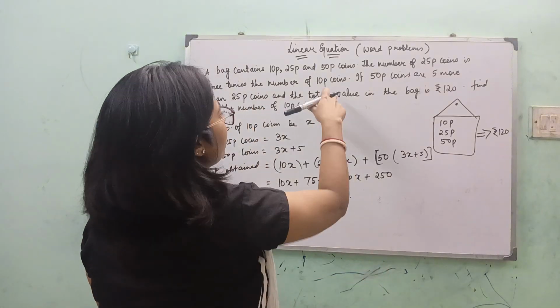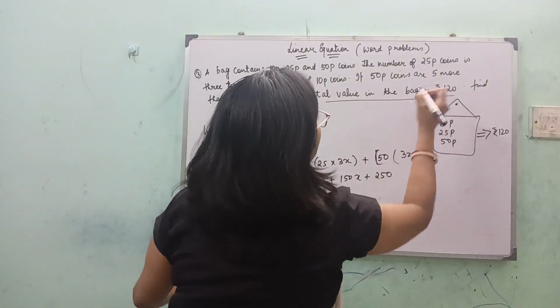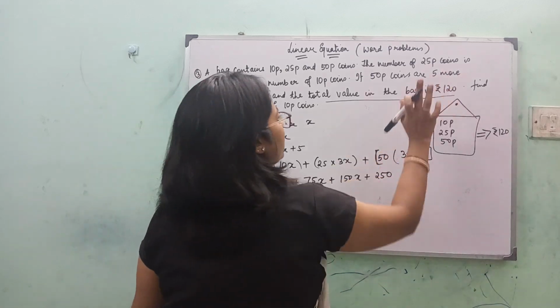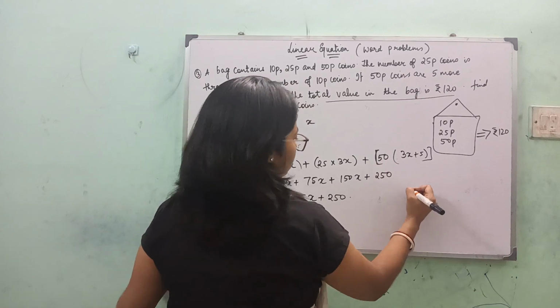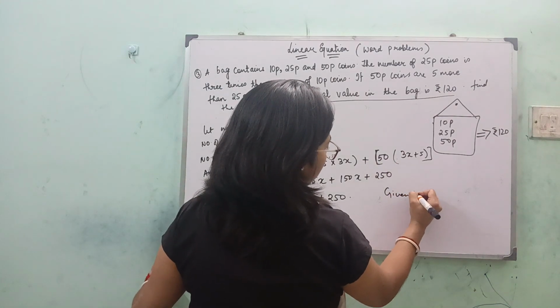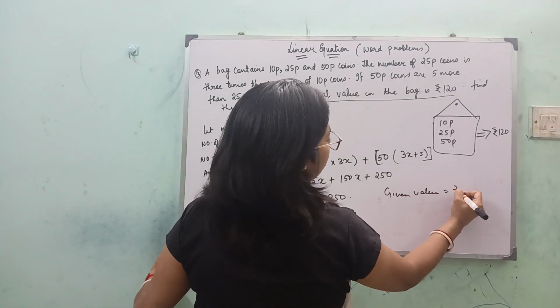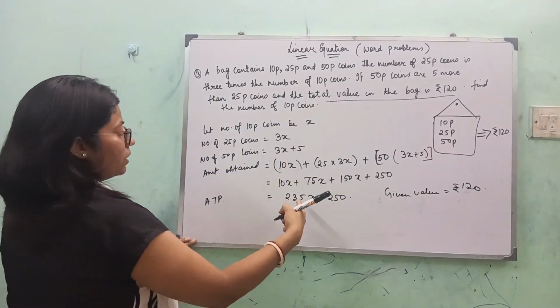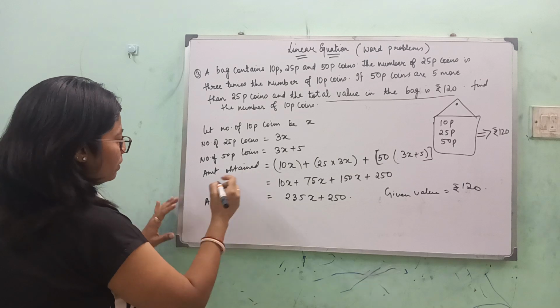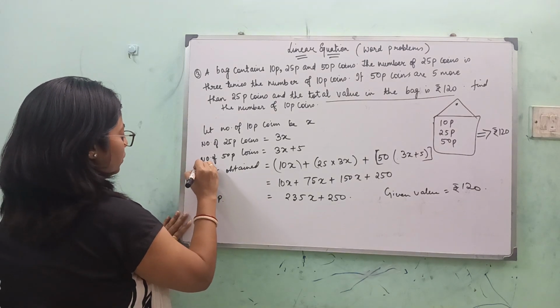Now it is also given to us that the value in the bag is 120. That means this value and this value are the same. So according to the problem, what is the given value? The given value is rupees 120. So this given value and this obtained value are the same.